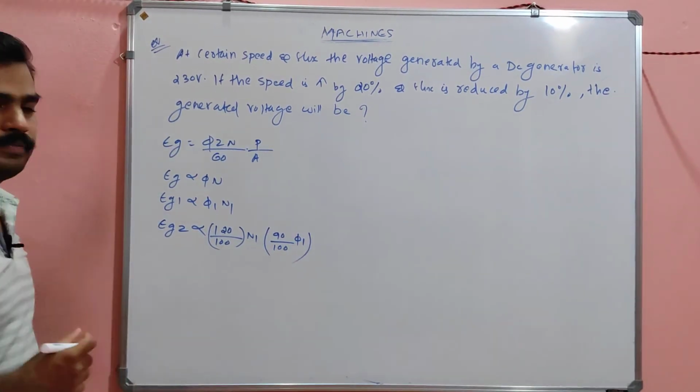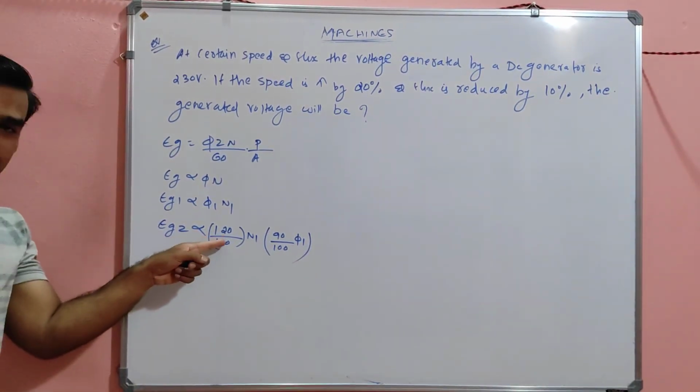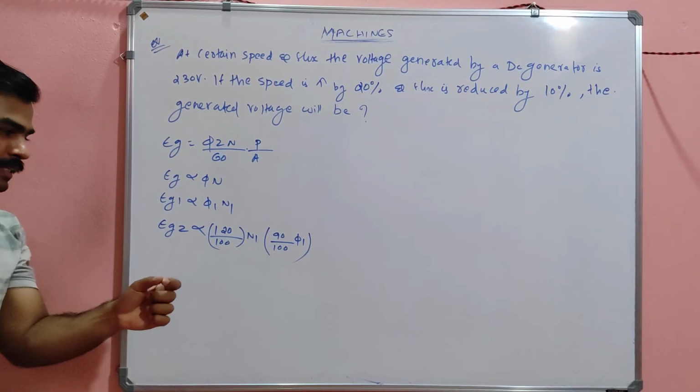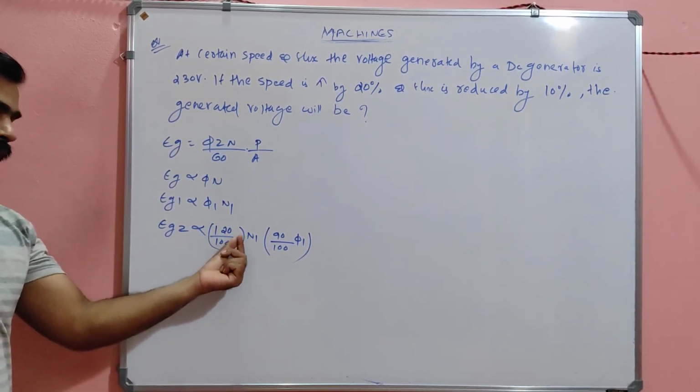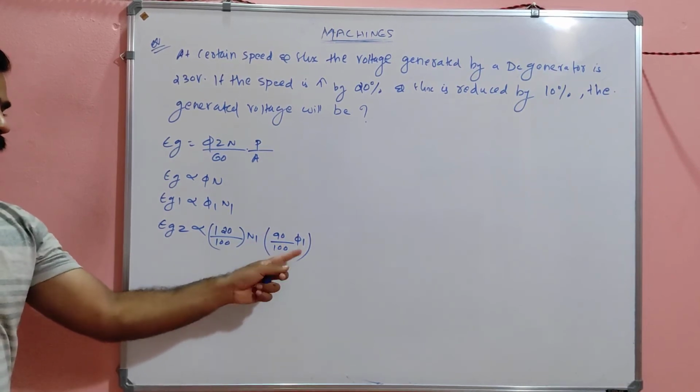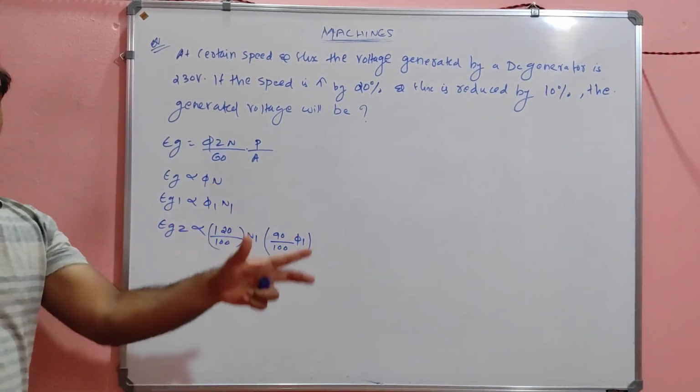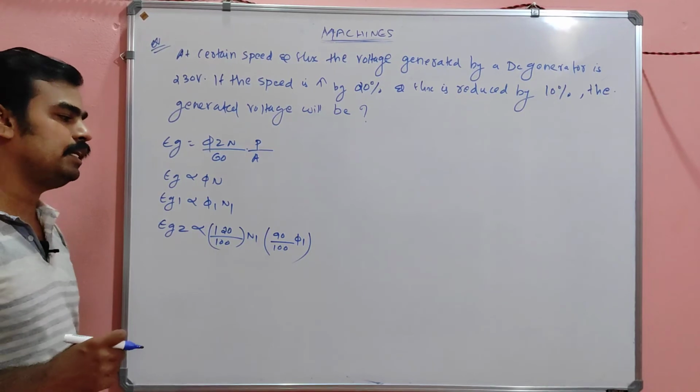Am I correct, my dear? The speed increased by 20% means 120 by 100 into n1. Flux reduced by 10% means only 90% flux will be there, so 90 into phi 1 by 100.